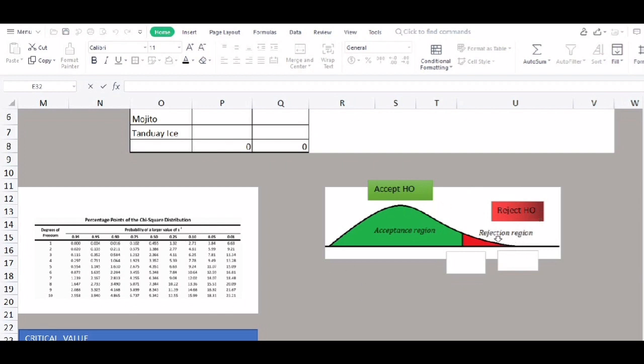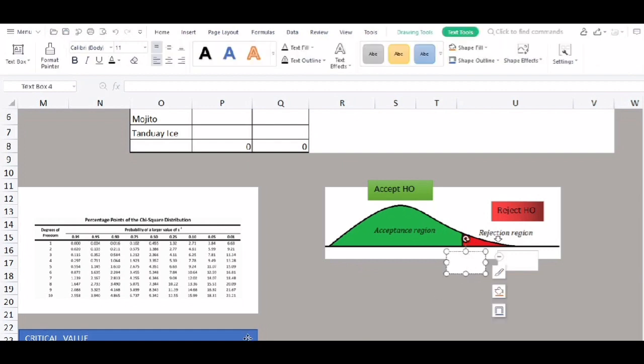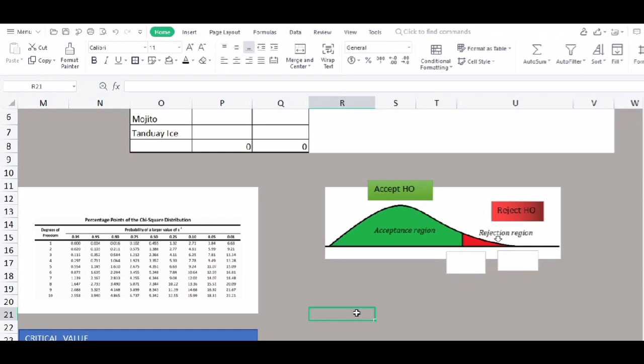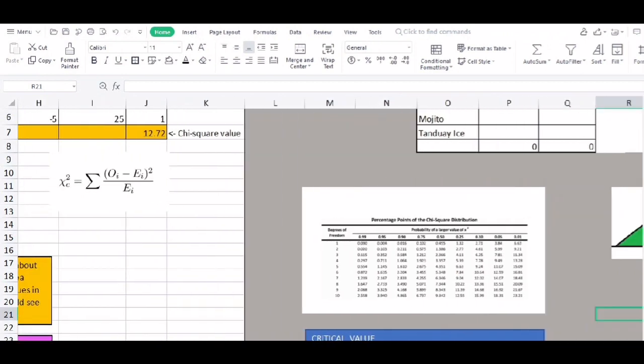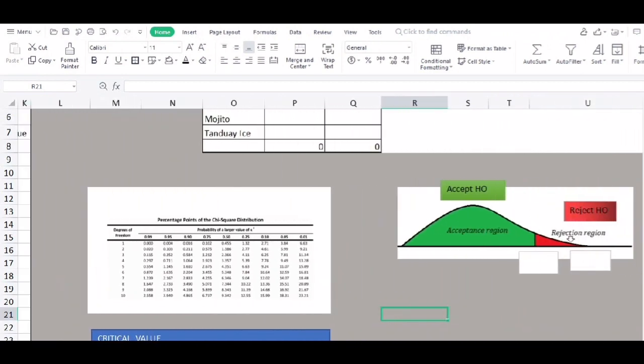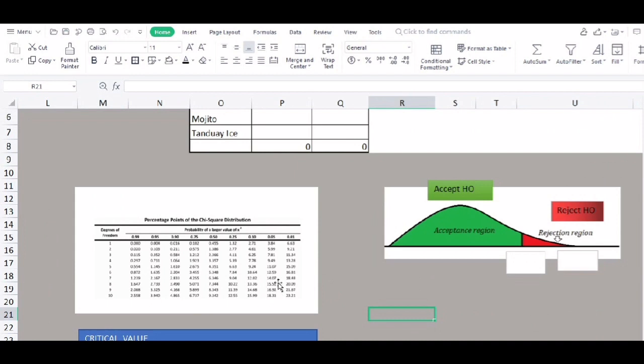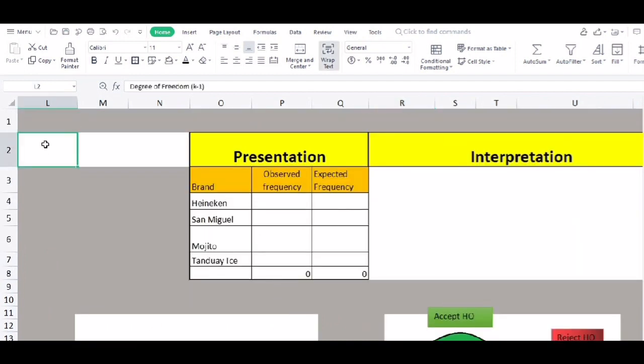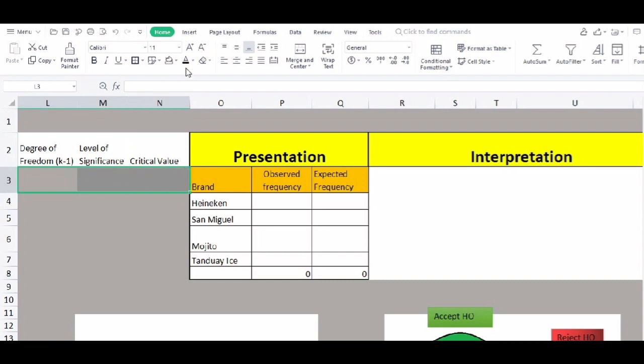If it is in between the acceptance region, it means that we're going to accept the hypothesis. And as you can see here, there is a line in between the color green and color red. At talagyan din natin mamaya, that will be 12.72. Of course, in getting the critical value, kailangan natin makuha yung degree of freedom as well as level of significance.